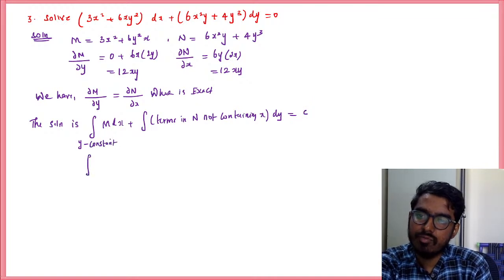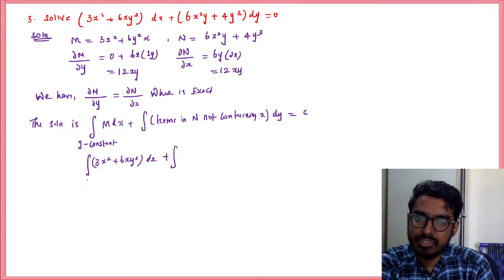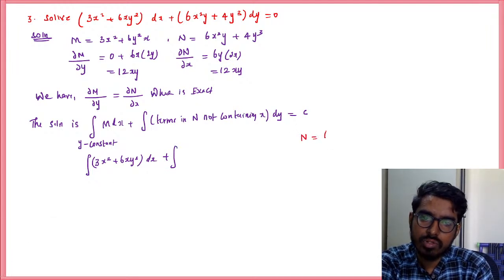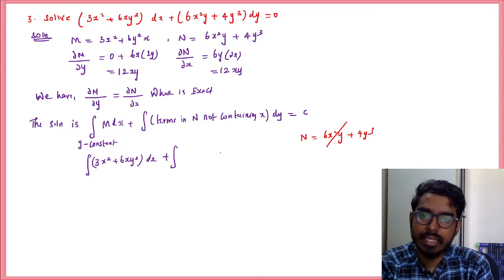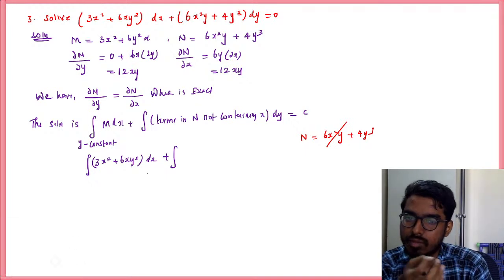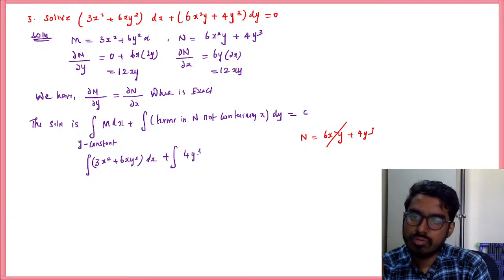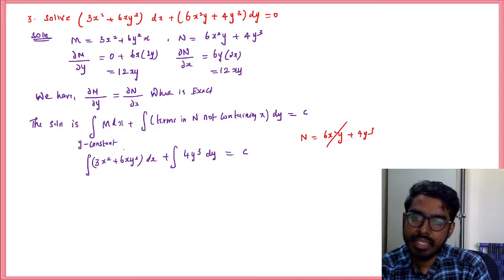So the integration of M, which is 3x² + 6xy², dx, plus terms in N not containing x. We have N equal to 6x²y + 4y³. So we have two terms in N. This contains x, this does not contain x. So that means we will have 4y³ dy equal to c.